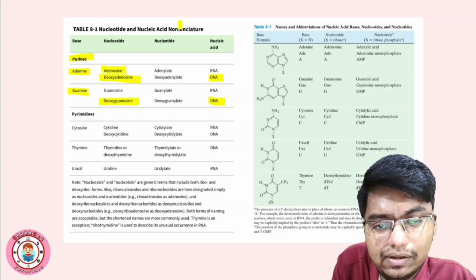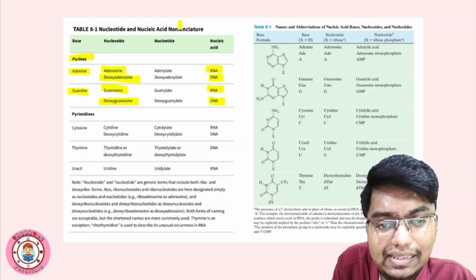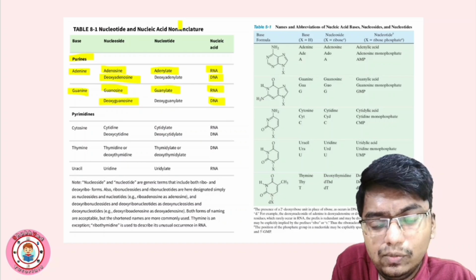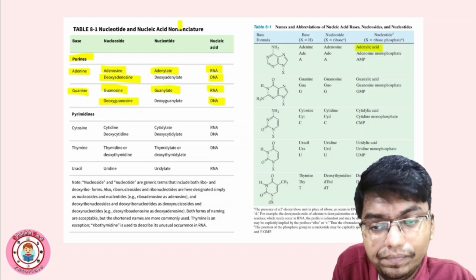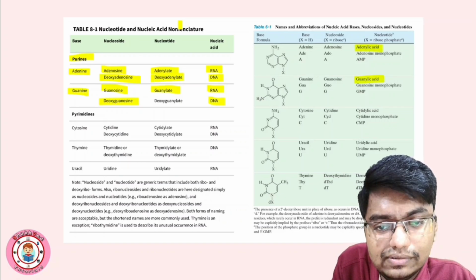Adenosine and guanosine will be present in RNA, nucleoside form. The nucleoside naming is adenosine, guanosine, and the nucleotide is adenylate or guanylate, or you can say adenylic acid, guanylic acid, and deoxy forms respectively.